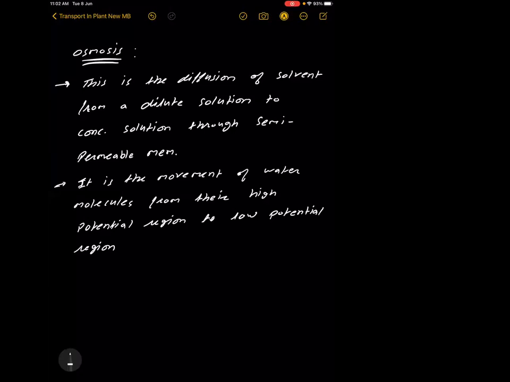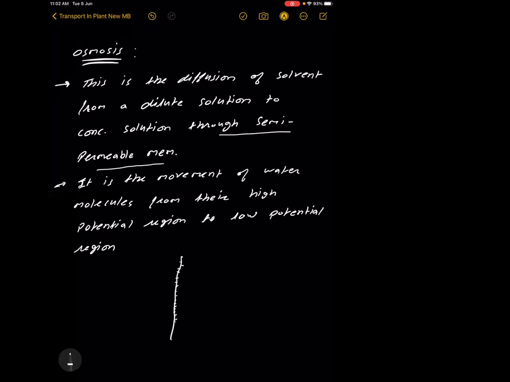It means solvent molecules move from their higher concentration, higher energy, high potential, to their lower potential area. This is a membrane. One more thing: through the semi-permeable membrane, that is important. Otherwise, it is not osmosis. So here diffusion occurs through the semi-permeable membrane.